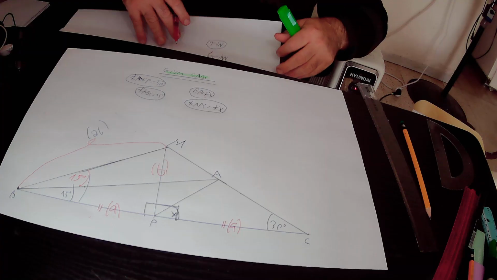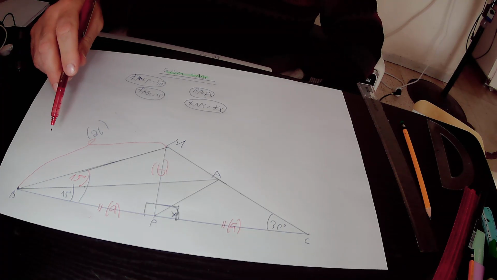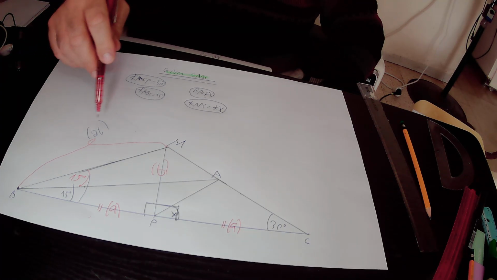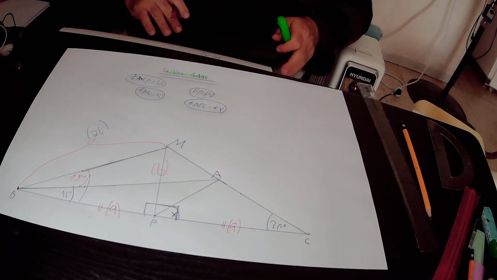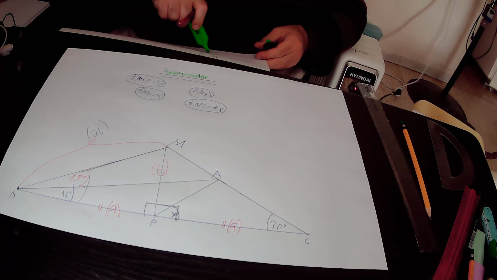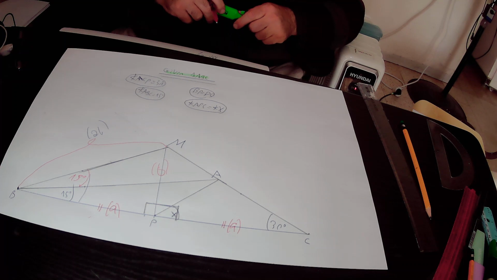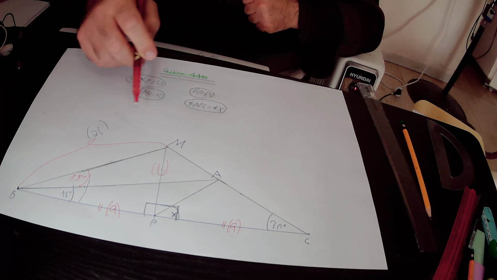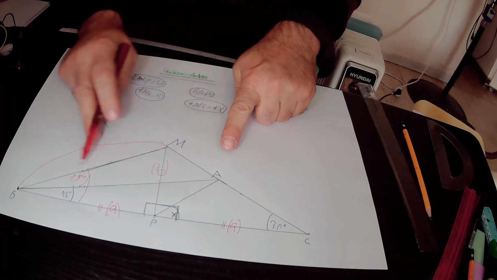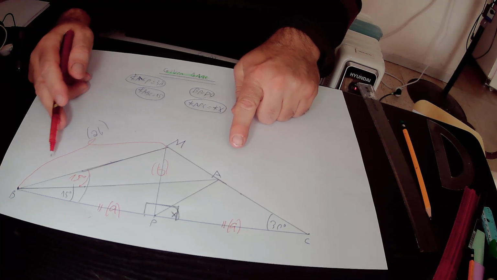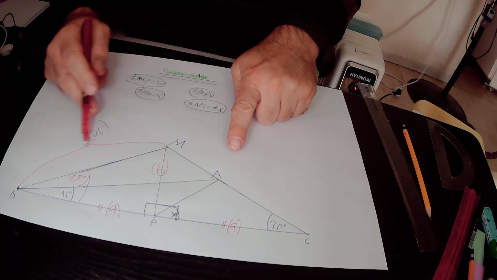We'll continue to focus on this big associated triangle BMC. In this associated triangle BMC, AB is the angle bisector of angle MBC.